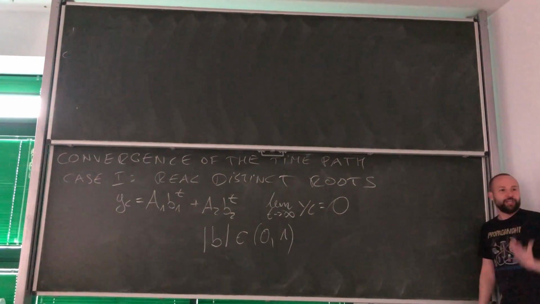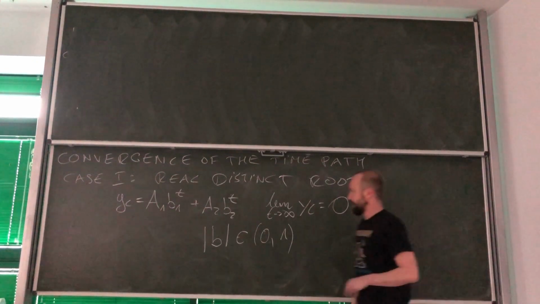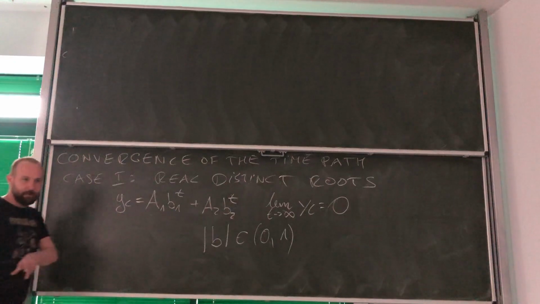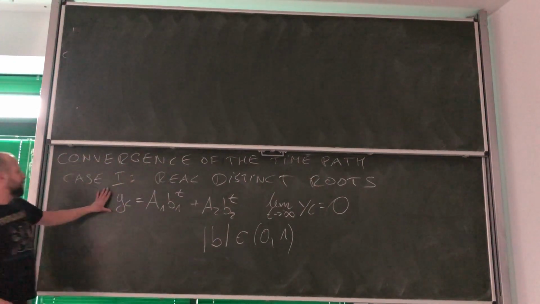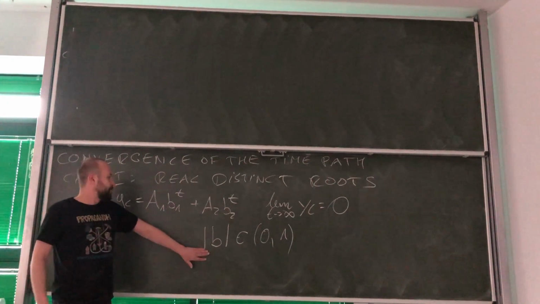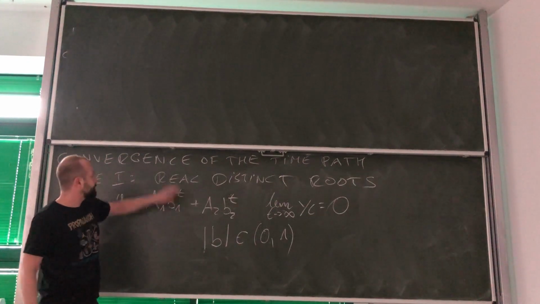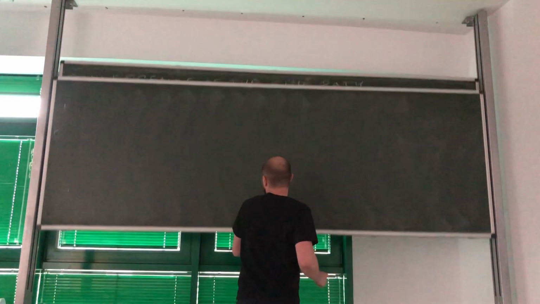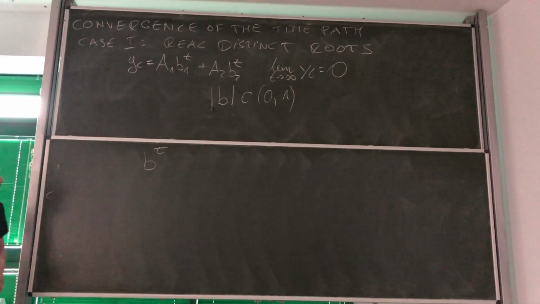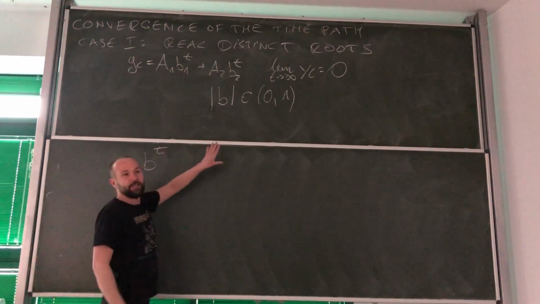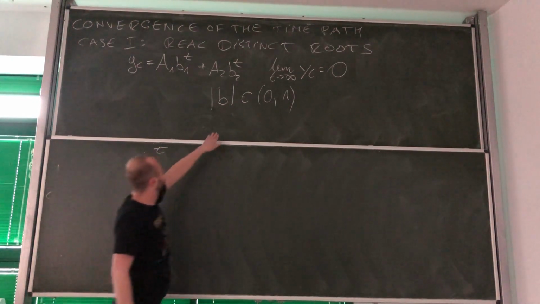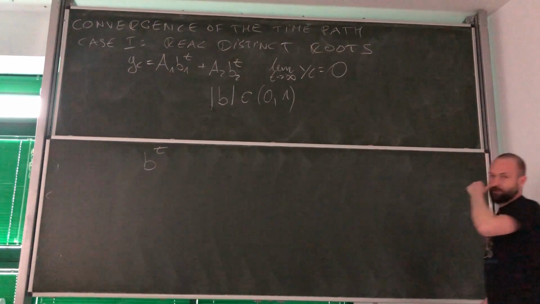Now, how do we need to modify our conclusion about the first order difference equation when we move to the second order difference equation? Look, basically what we get over here is that if we take b to some power t, this will be getting smaller and smaller in absolute terms, of course, if b is somewhere in between 0 and 1.